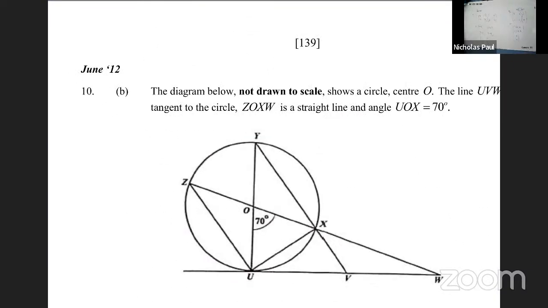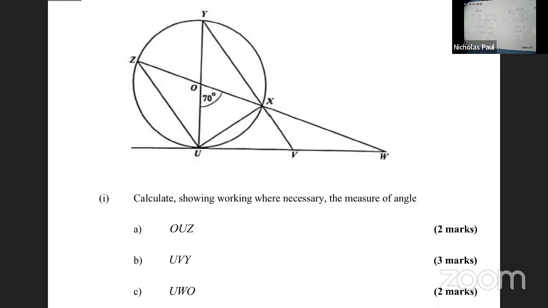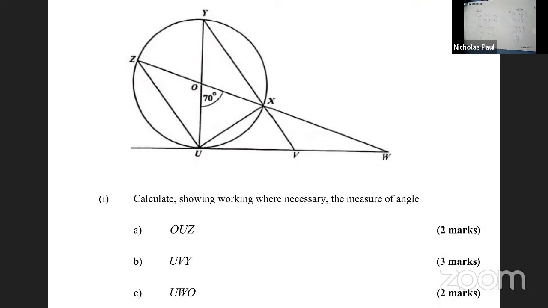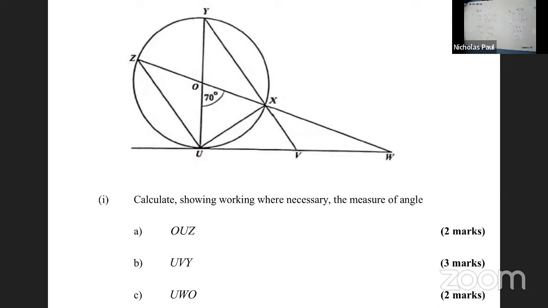Try this here. This is out of the year after. Try this one here. Three things to find: OUZ, UVY, UW. Try that there.